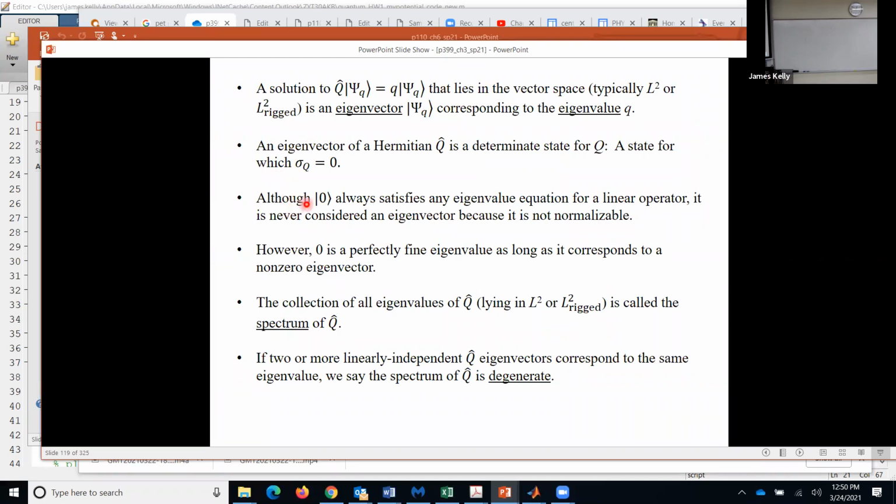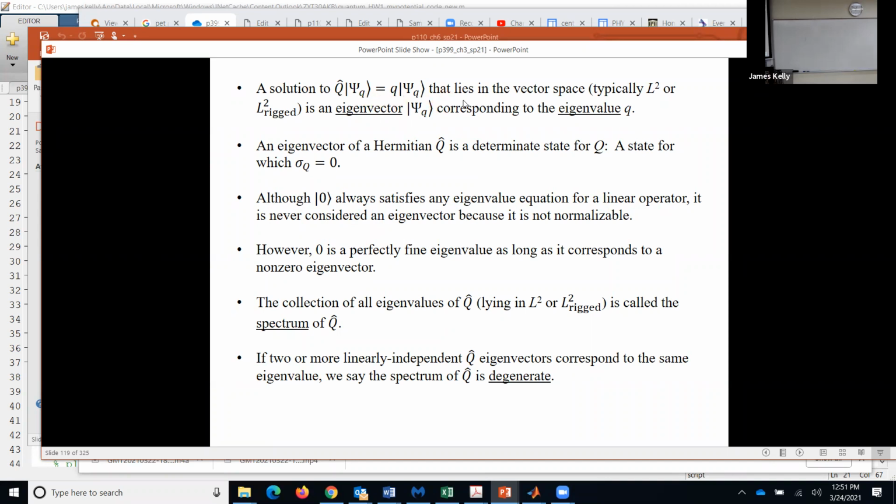Here's the thing I wanted to mention that I didn't mention last time. When you're talking about a linear operator, and all of our operators in quantum mechanics are linear, the zero vector always satisfies the eigenvalue equation, because any linear operator operating on zero gives zero back again.